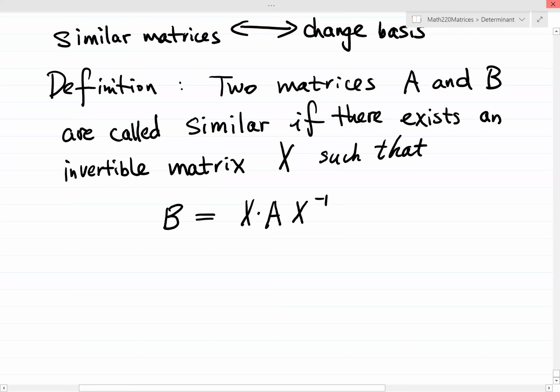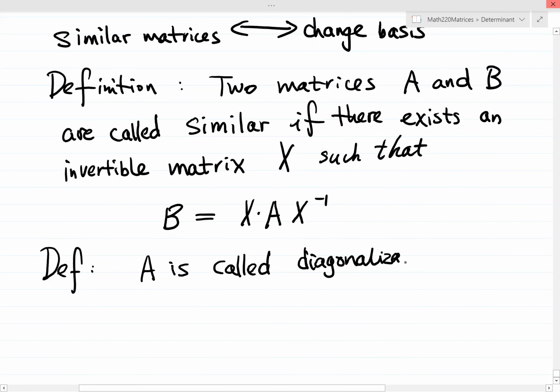According to this definition, a matrix is called diagonalizable if it is similar to a diagonal matrix. Definition: A is called diagonalizable if A is similar to a diagonal matrix.